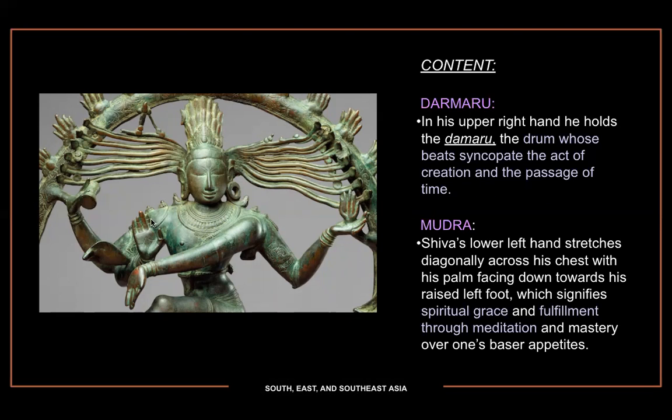Each of his hands, right, are gesturing into different mudras. His mudra on his lower left hand, which is diagonally going across his chest, signifies his spiritual grace and the fulfillment that he reaches through meditation. He can get rid of any sort of primal desires that he might have.